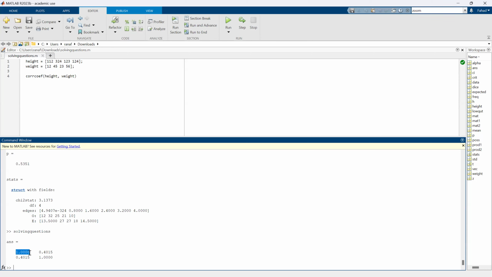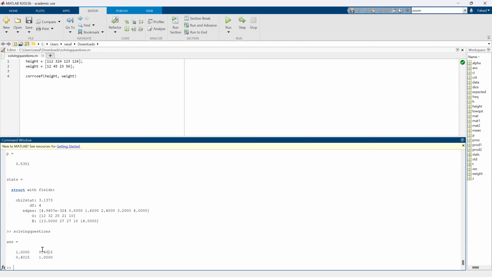So of course height to height is 1 because it's itself. The second diagonal is the relationship with each other: this is the relationship of height with weight, and this is weight with height. Since this is a linear relationship, they will always be the same. That's all you have to know about the correlation.